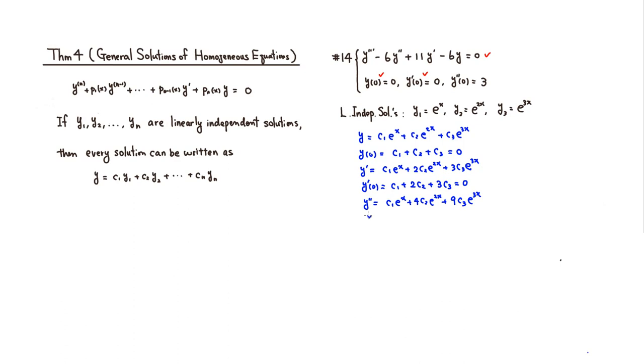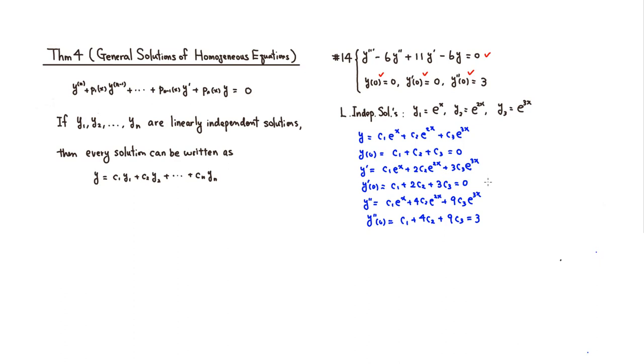Then if you plug x = 0 into that, you get c1 + 4c2 + 9c3, and in this case it is equal to positive 3. So we need to find the c1, c2, c3 values from there.